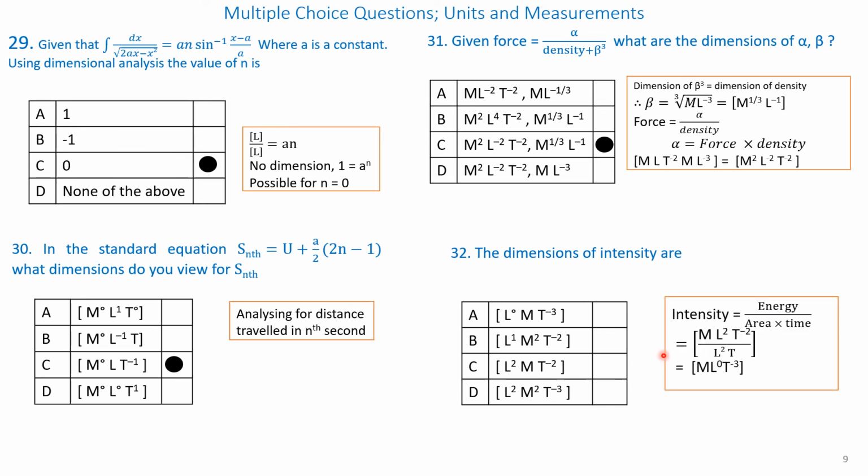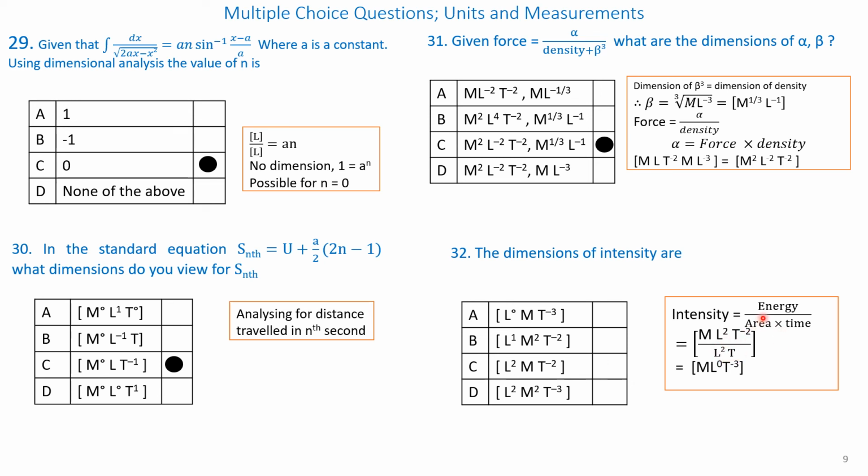So let us do some calculation. We know that intensity is equal to energy over area into time. You have to remember this. Intensity is equal to energy over area into time. Energy is m L square t to the power of minus 2. Area is L square. Time is t.